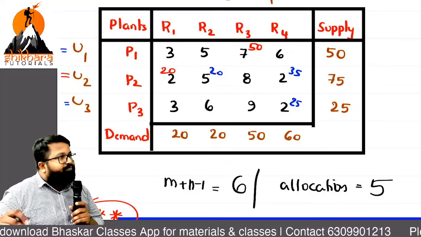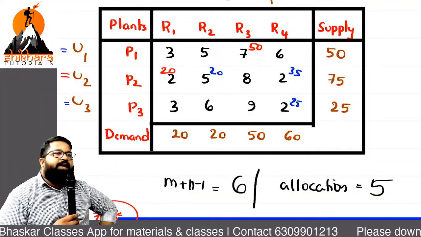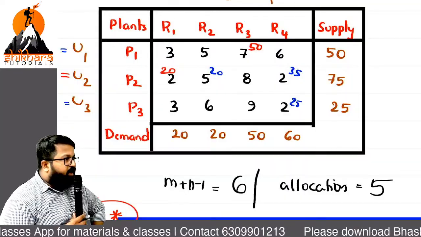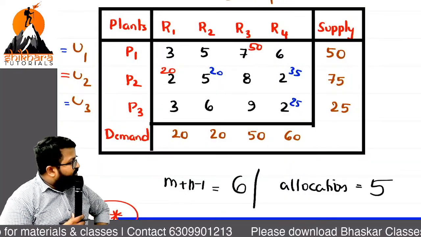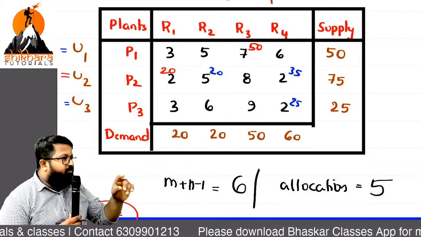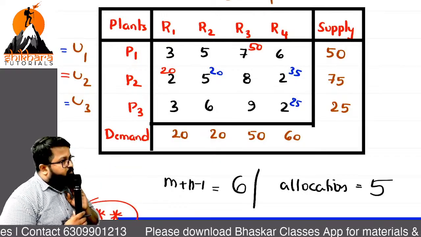Shall we? Sir, of the unallocated numbers, identify the least number. 3, it is repeating twice. If it is repeating twice, for the least number, one of the numbers which is independent, we can make the allocation.